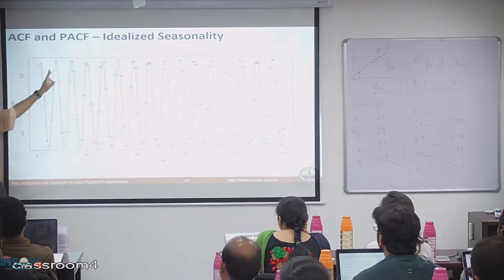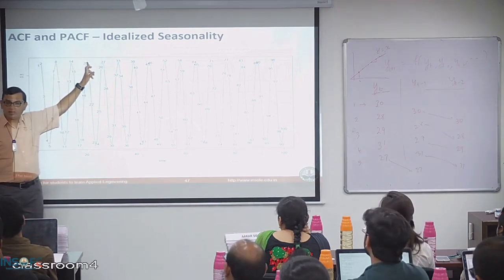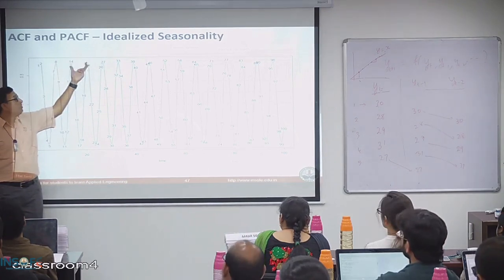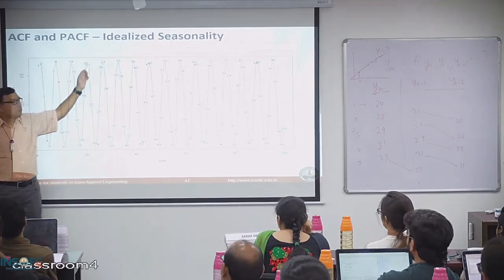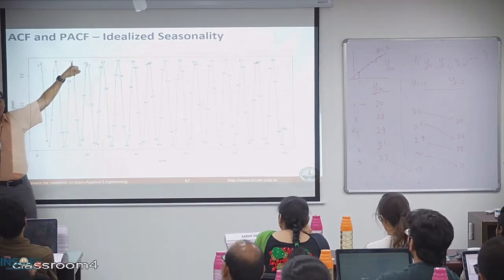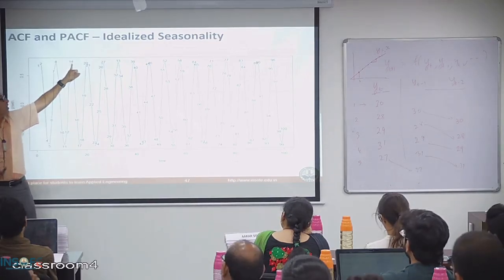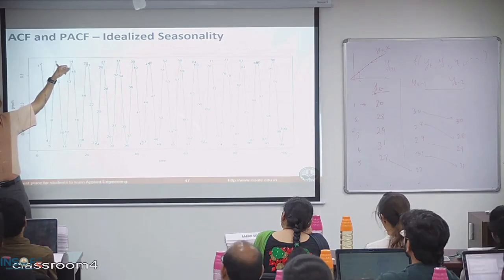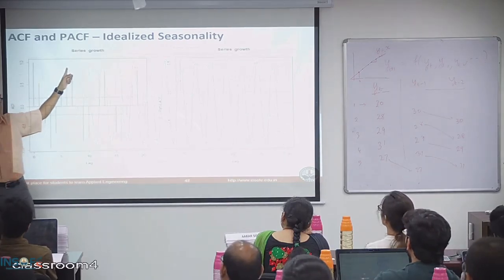When you consider 6 data points away, you obviously get another data point at the same level. It's periodic. So the value at 14 is positively correlated with the value at 8. So that's why it's got a positive lag here.